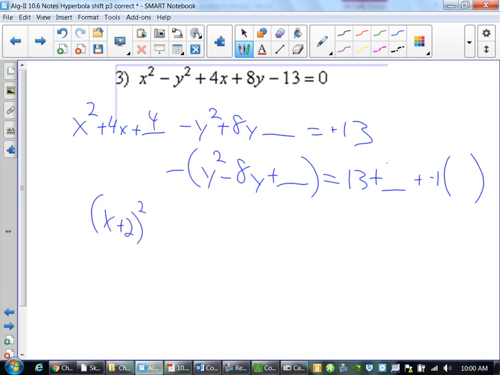So I'm adding a 4 here. Half of -8 is -4 squared, so I'm adding 16 here and here. Which gives me what? -16 plus 17 is? So your a squared and your b squared values for the hyperbola wind up being 1.